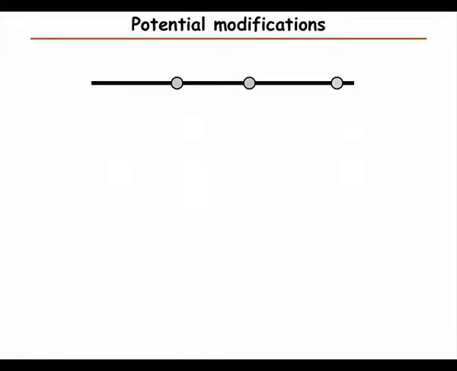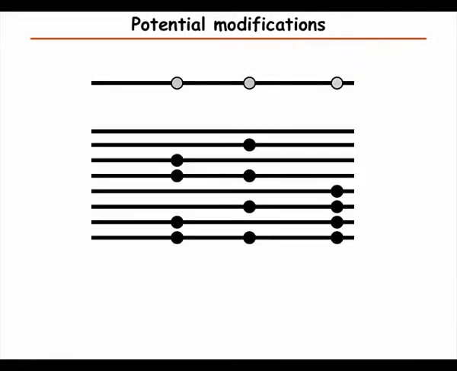Then there is another issue with the modifications. When we look at phosphorylation, for example, and we have a peptide that contains 3 different possible phosphorylation sites, then there are a lot of different possibilities.